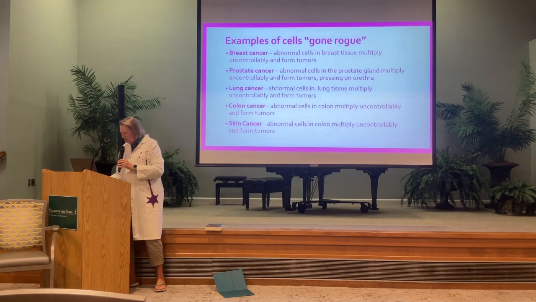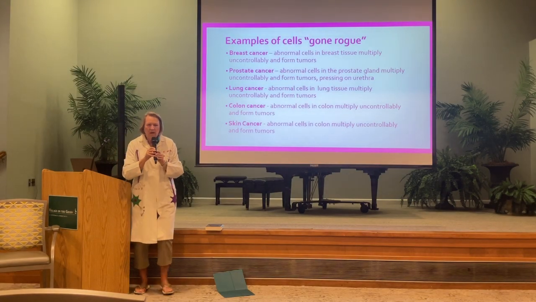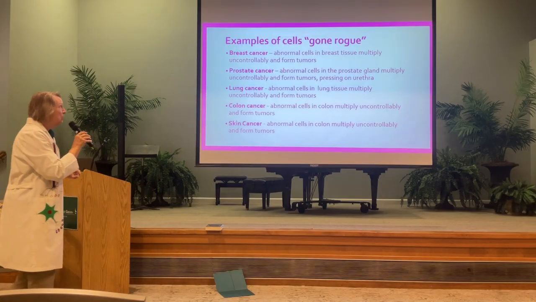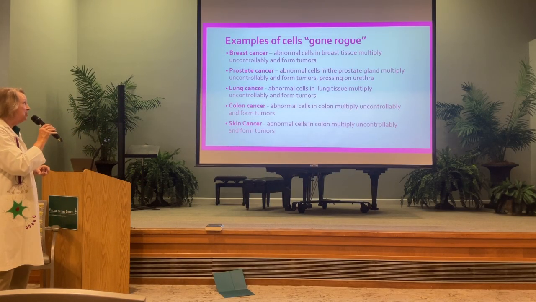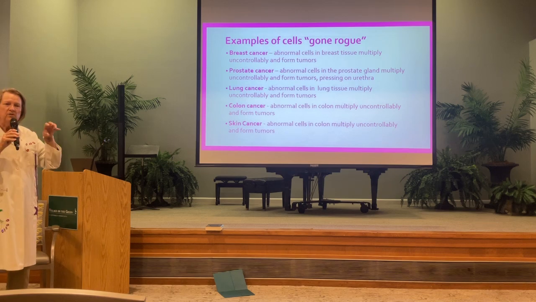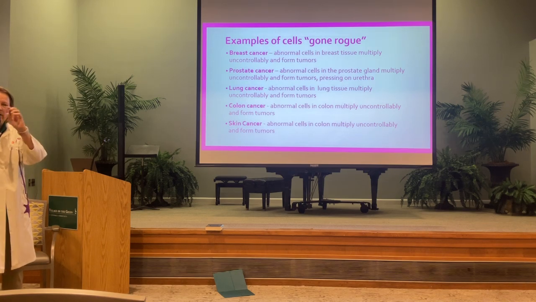So we're almost done. Here's an example of cells gone rogue. Okay? Breast cancer, abnormal cells produced in the breast tissue, multiplying uncontrollably, forming tumors. There's different kinds depending on what part of the breast tissue that's in. Are you in a lobule? Are you in a duct?